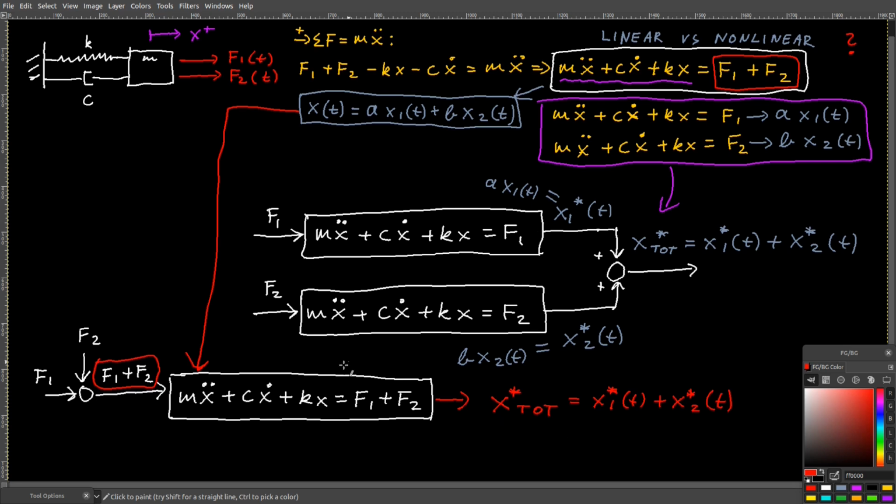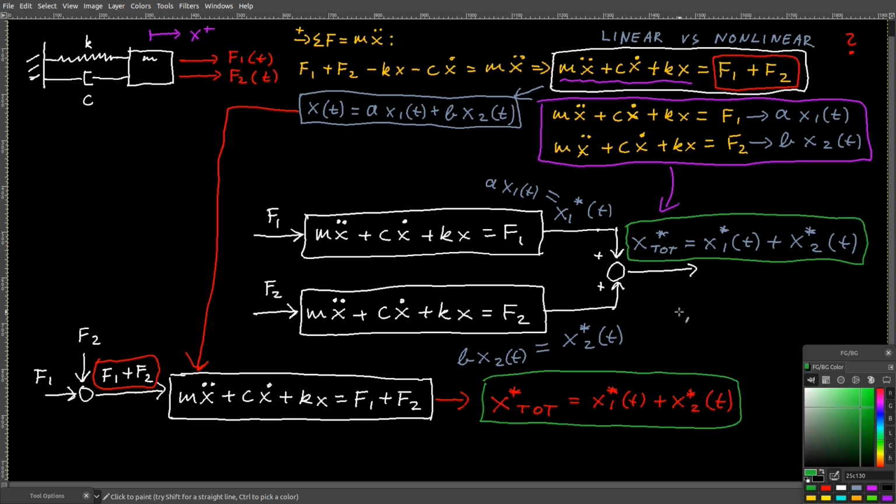And so if these two cases are equivalent to each other, meaning that both of them will produce the exact same solution, if that's the case, then you are dealing with a linear ODE. This is called the superposition principle.